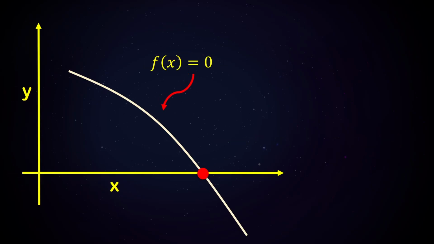Now, let us try to understand how the method works. The main idea is very simple. If the function value at some point x equals a is greater than 0, and at another point x equals b the value of the function is less than 0, then we can say there must be a root within that interval, assuming the function has a single root in this discussion.